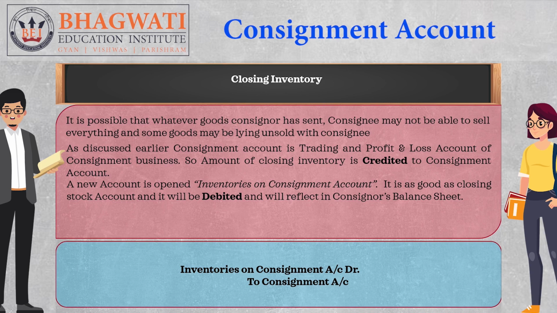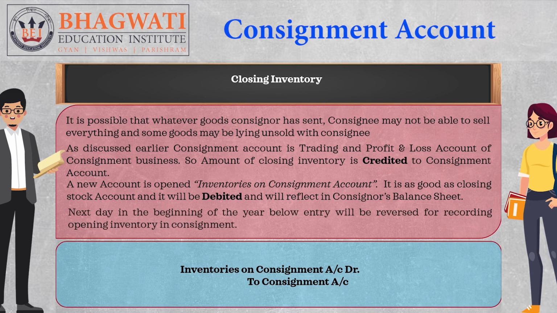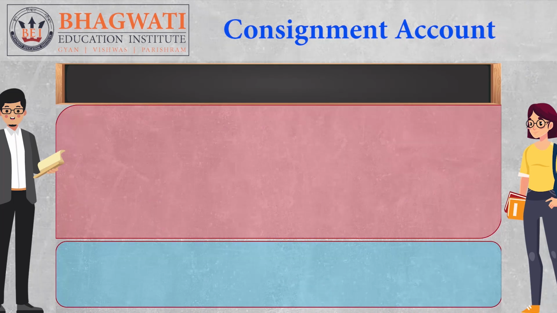But next year, or let's say next day, this entry will be reversed, because whatever is closing stock today, next day it will become opening stock. So for that, it is a reverse entry: consignment debit to inventories on consignment. By doing this, you can say on the debit side we have opening inventory, and on the credit side we have closing inventory, just like your trading account. The next transaction that we have is profit or loss in consignment business.